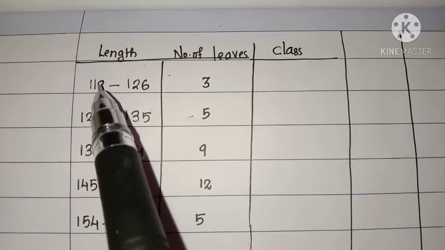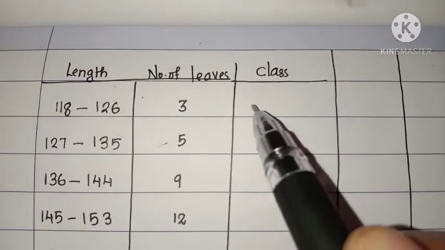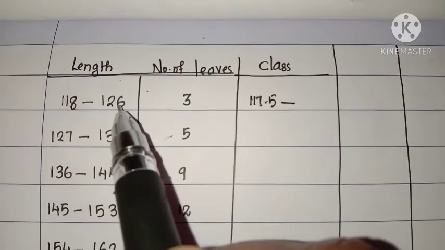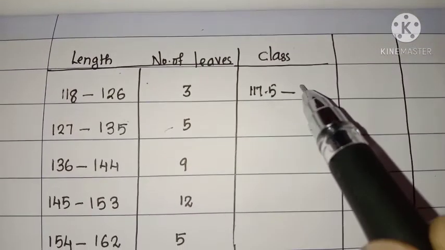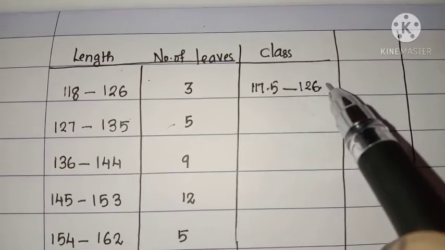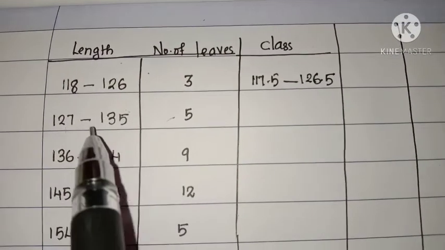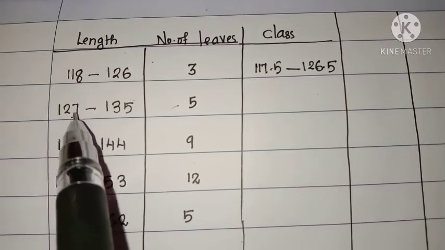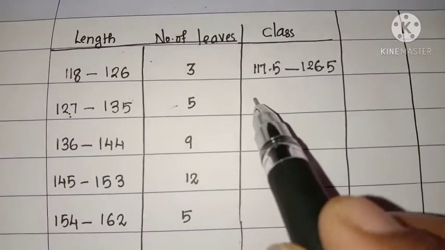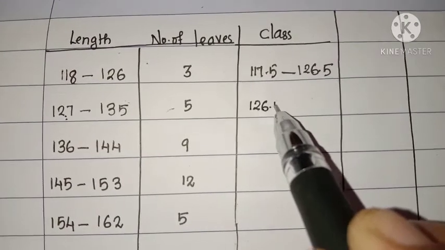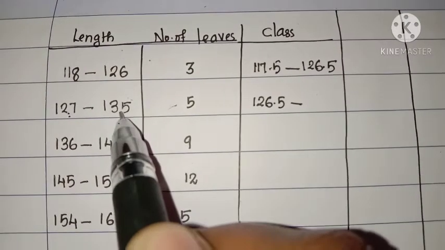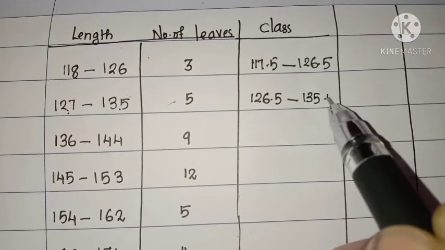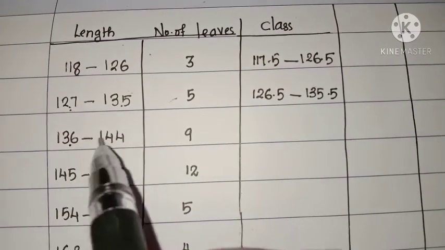So 118 minus 0.5, it is 117.5. Add 0.5 to upper limit. 126 plus 0.5, it is 126.5. Similarly, subtract and add. If we subtract 0.5 from here, it will be 126.5. Adding 0.5 to 135, it becomes 135.5. Subtract and add.